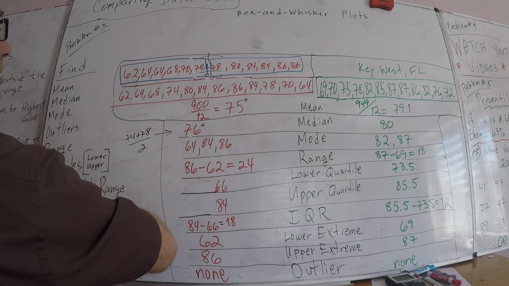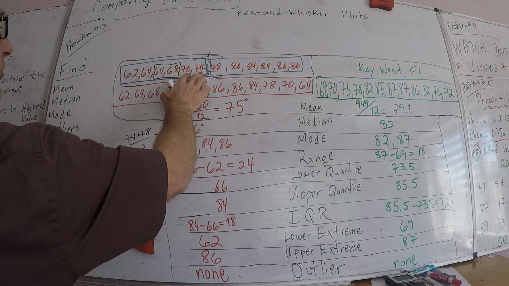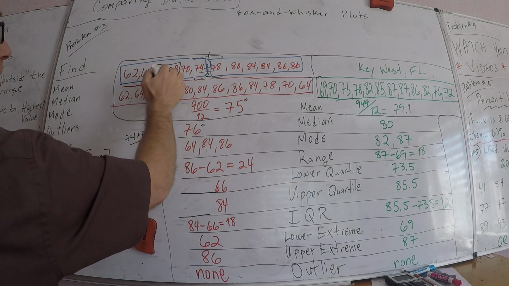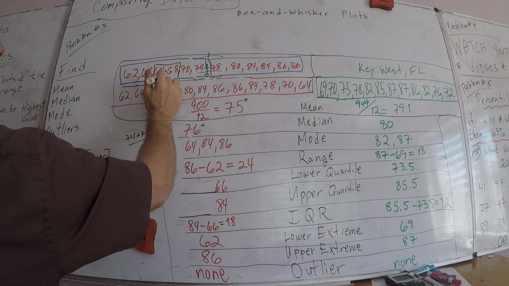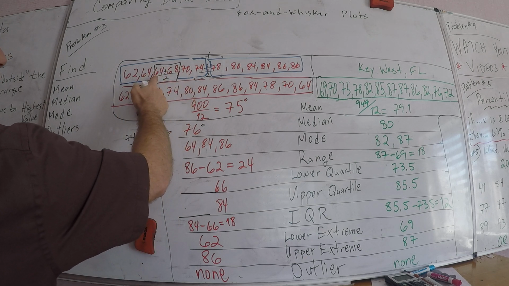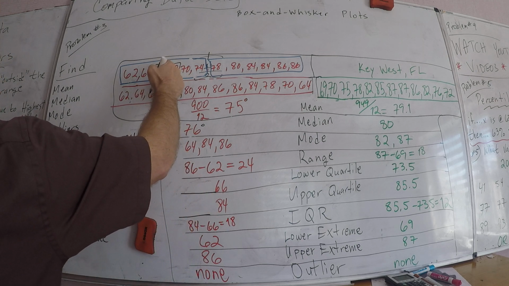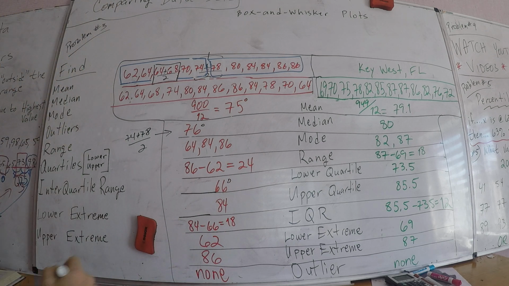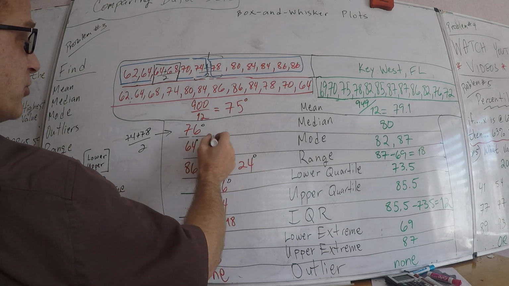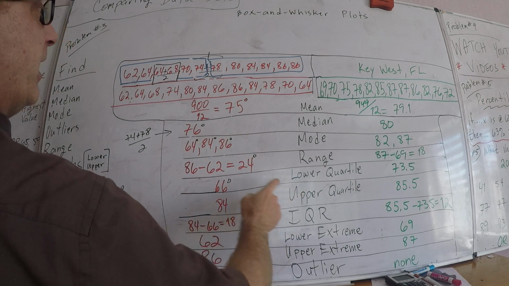That's 64 and 68. So 64 plus 68 divided by 2. That's the lower quartile, 66. The range is 24 degrees. These are all degrees. The upper quartile is 84.